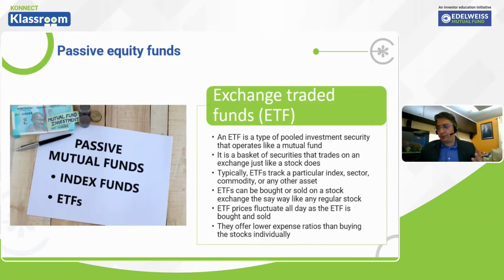The big difference between ETFs and index funds is that ETFs are traded on the stock exchange just like any regular stock. So if I have to purchase an ETF or sell an ETF, I would have to do that on the stock exchange just like a regular stock.